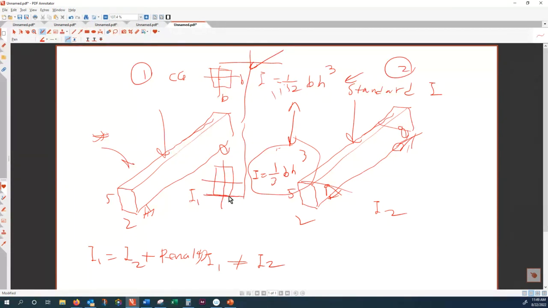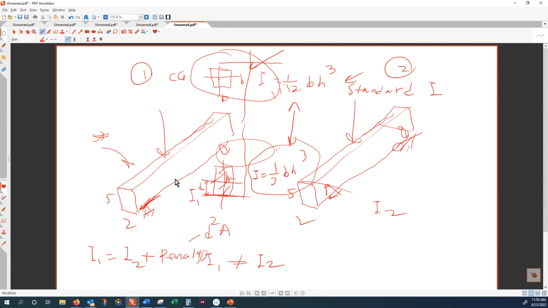Your case is non-standard, so you are resting this against its edge. So there is a distance here. The distance is called b. So the penalty is b squared times the area. This is the area of the beam. So you have to add a penalty to the standard table to get the non-standard value.